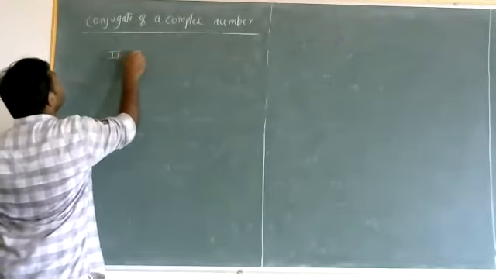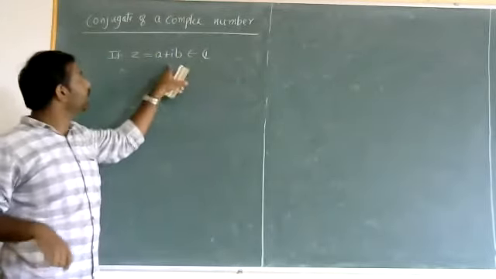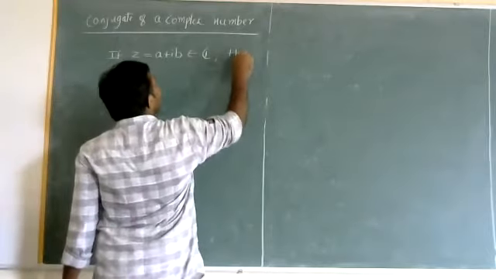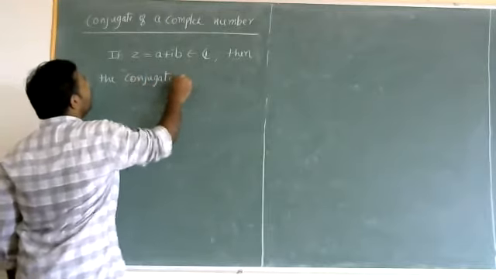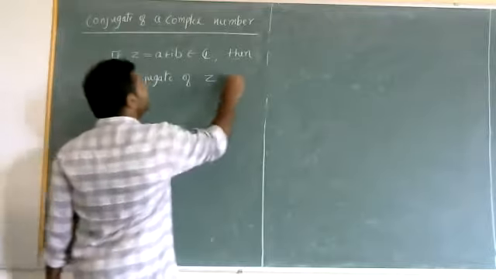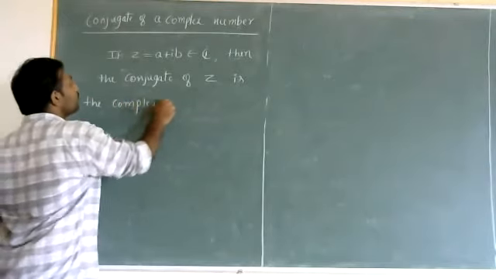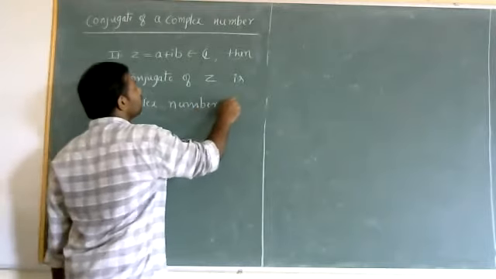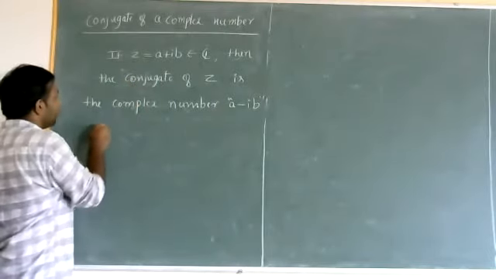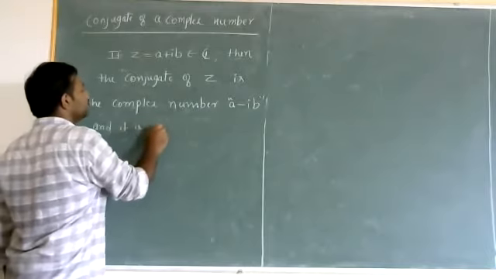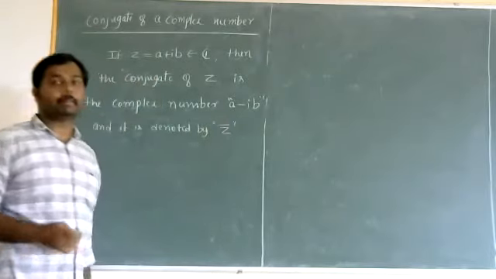If z equals a plus ib is any arbitrary complex number, then the conjugate of the complex number z is the complex number a minus ib, and it is denoted by the symbol z bar.